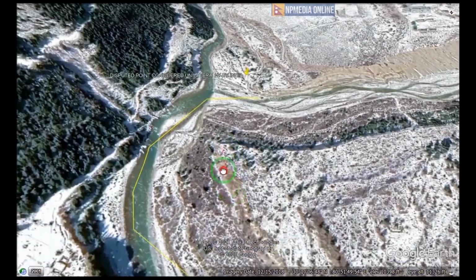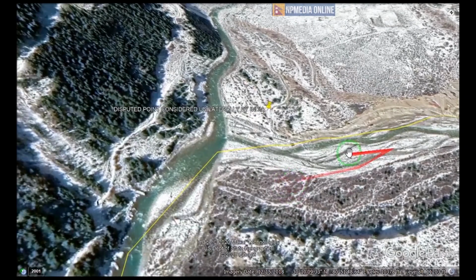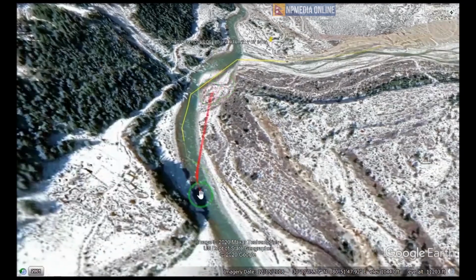We were surprised to know that India is considering Brook E as the main origin source of the Kali River.